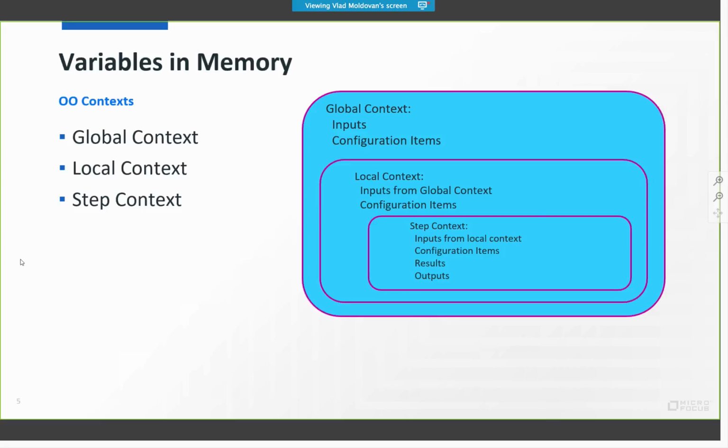It's not going to be the global. Once the step context is no longer in use, so the execution moved to the next step, the step context is going to be marked for deletion and is going to be deleted only when the next garbage collection event occurs.